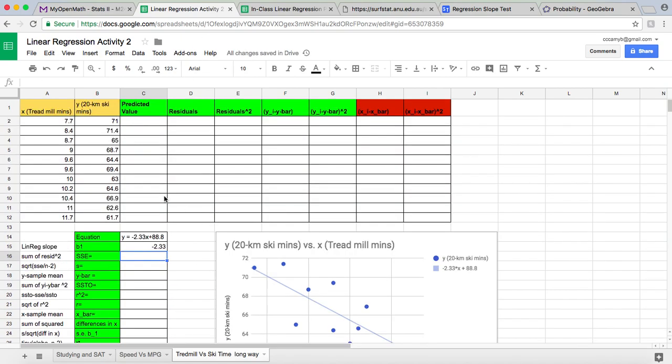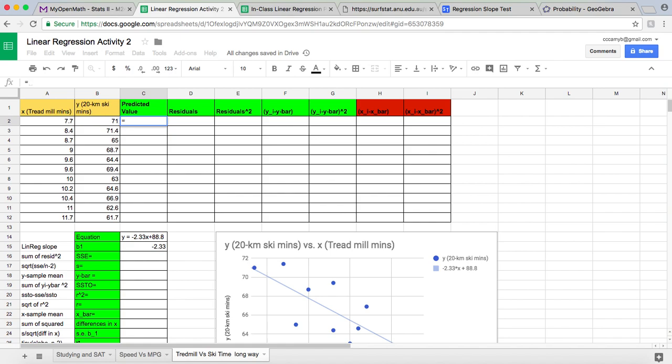And now we're going to come up and we're going to use this equation to get our predicted values because we need the predicted y. So these are the y hat sub i's. So we're going to create those. So the way you do that is you tell, hey, Sheets, I want you to work for me. So you're going to say equals, and then you're going to tell it what it equals.